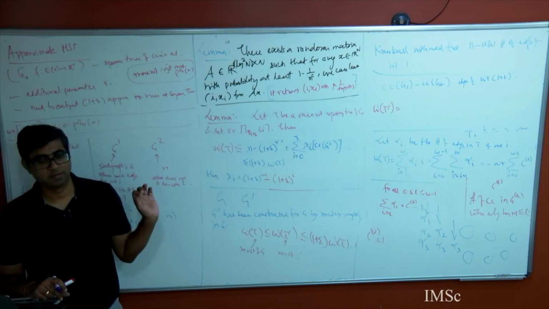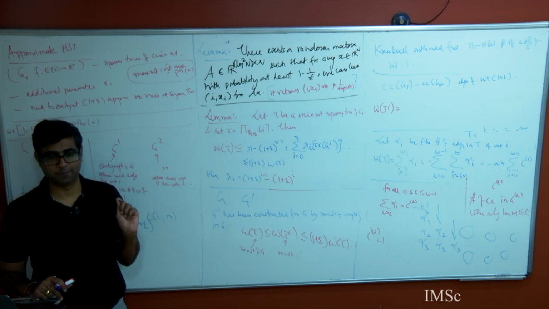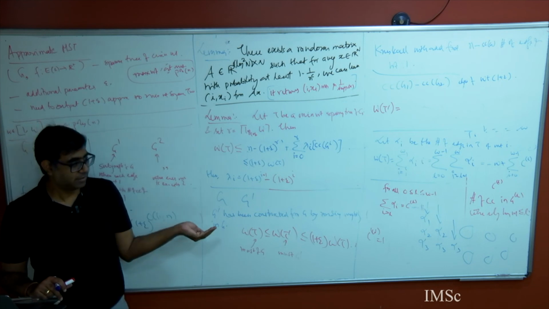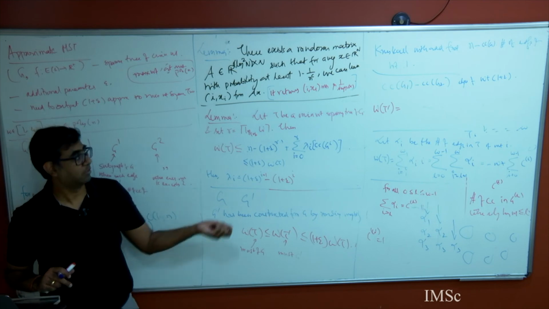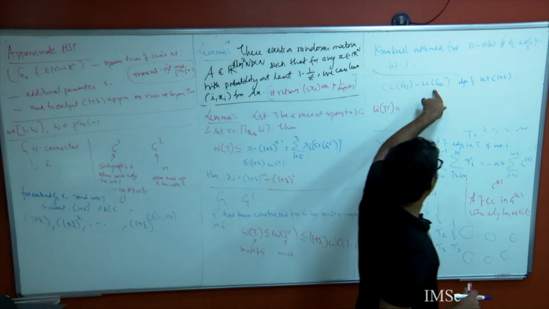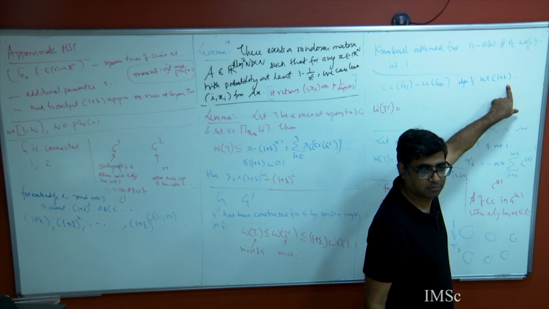So what does it tell us? Now if you look at this formula, isn't it clear how much more we need to add at every point of time? Whatever I was writing, you will add these many edges of weight 1 plus epsilon.